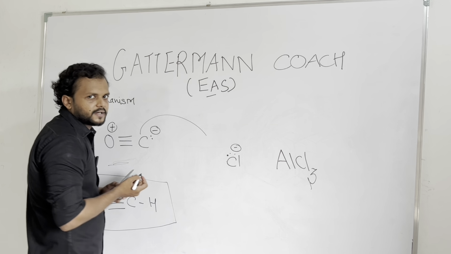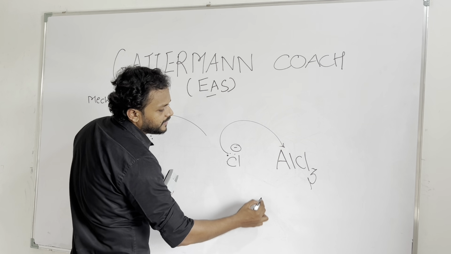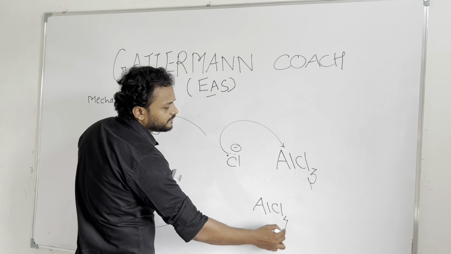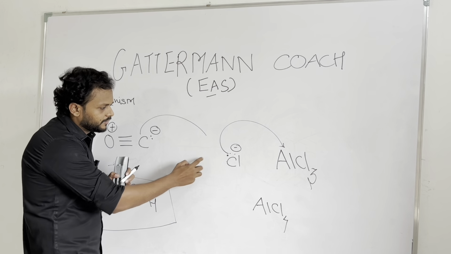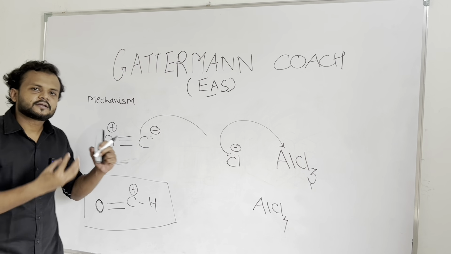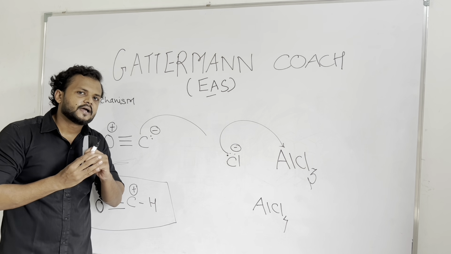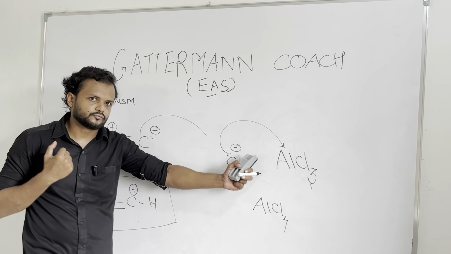And now this chloride goes with this AlCl₃ and will form AlCl₄⁻. What this AlCl₃ does is take that chlorine, and that proton, that hydrogen from HCl, is going to be free, so that carbon can easily get that proton and form this electrophile. So it is going to increase the rate of reaction as well.